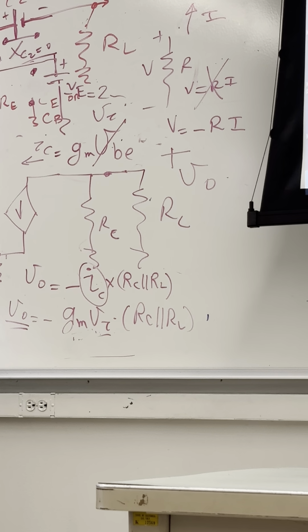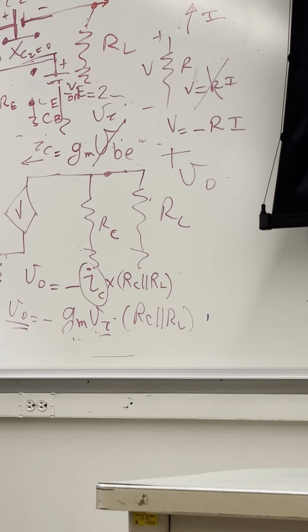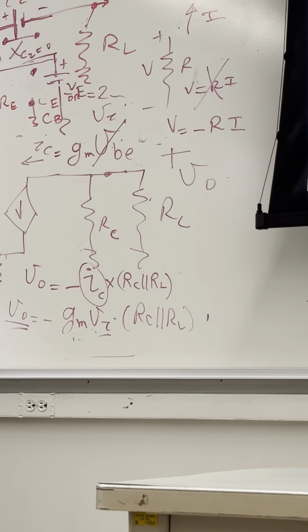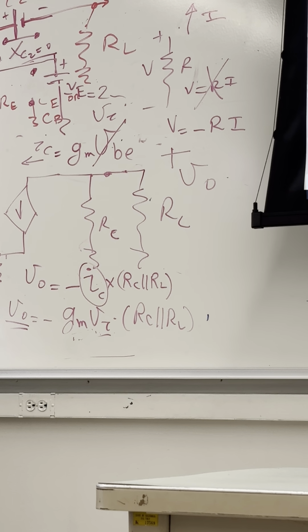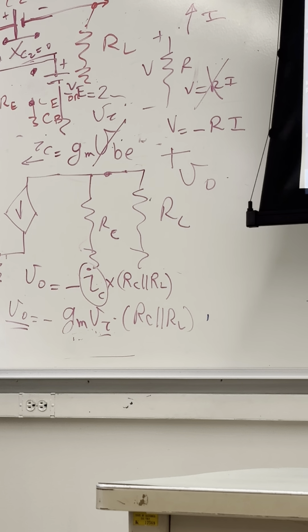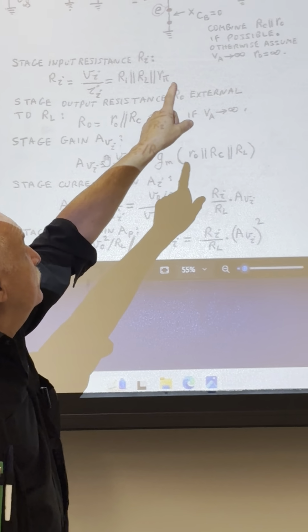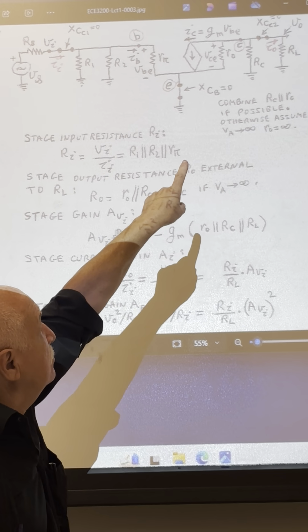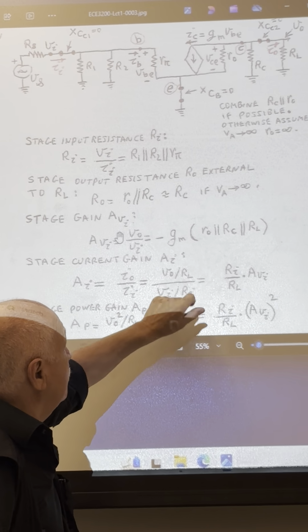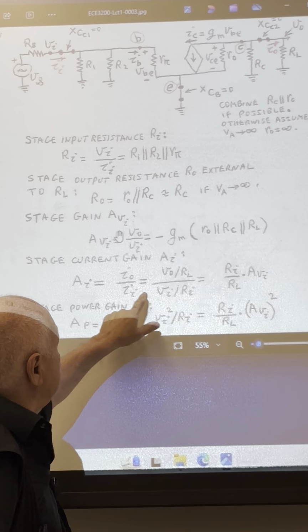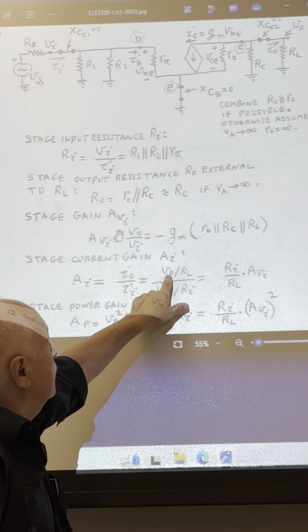And finally, the current gain and power gain. Current gain, AI, is equal to IO over II. IO is the current going into RL, so IO is VO over RL. There is IO, that top corner to the right, current going to the load, and current going to the input, II.